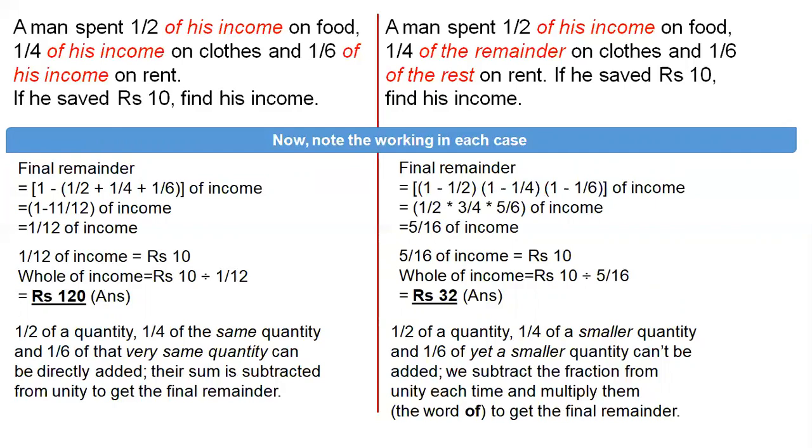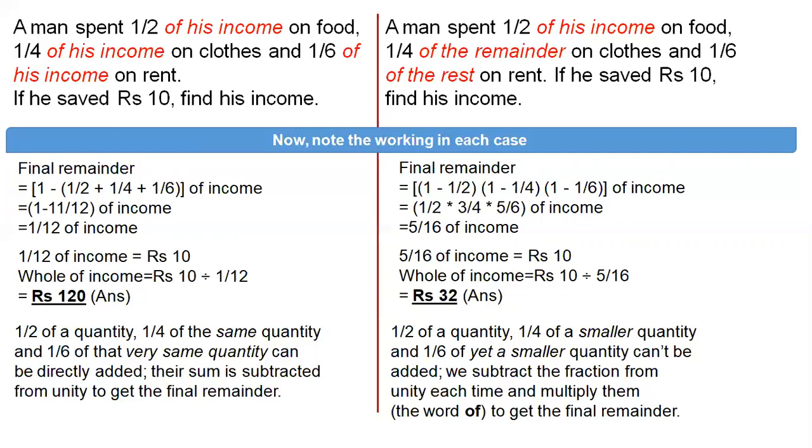So to get the remainder, we subtract each fraction from 1. 1 minus 1/2, 1 minus 1/4, 1 minus 1/6. And then we multiply the remainders. We are getting 5/16. So 5/16 of income is ₹10, so the whole income is ₹32.